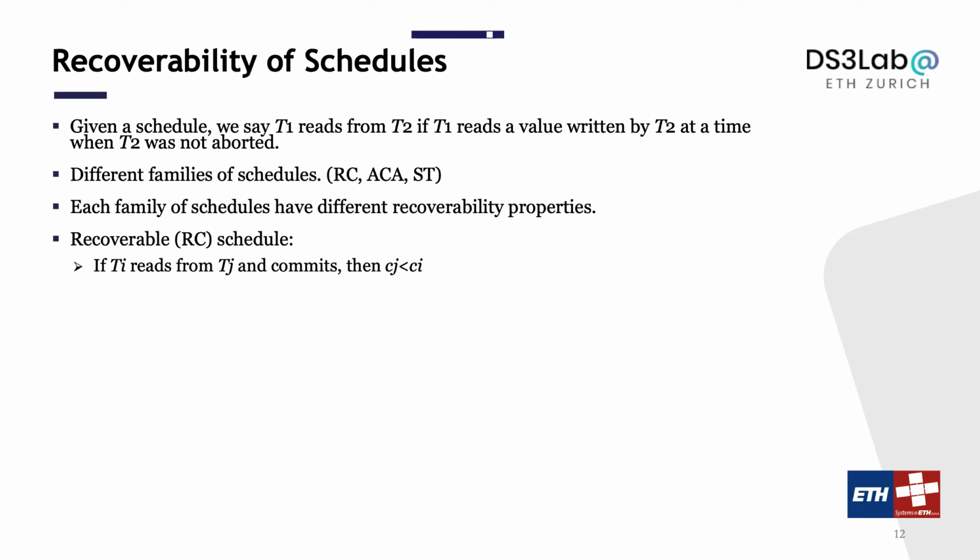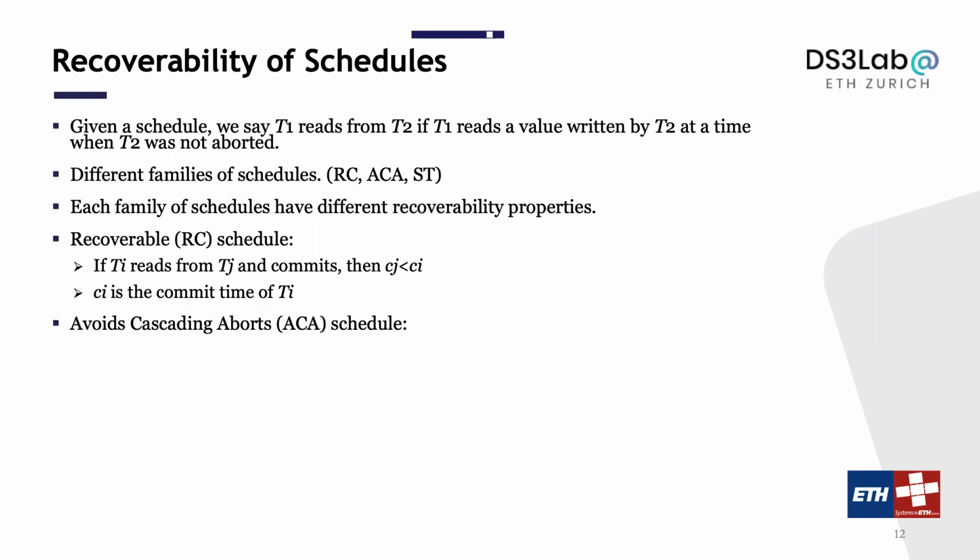So if Ti reads from Tj and commits, then the commit time of Tj is earlier than the commit time of Ti. If this is true in that schedule, we say that schedule is recoverable. This is the first family of schedules that we define.